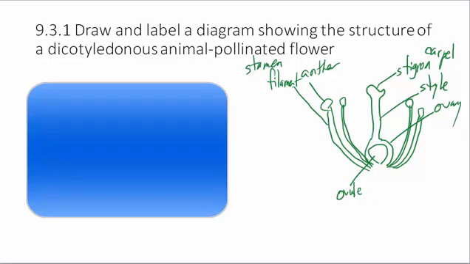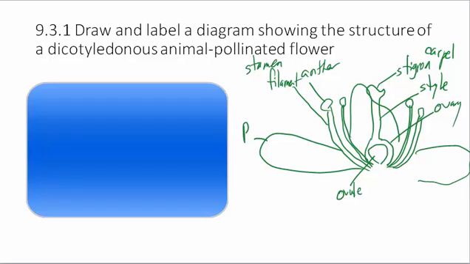And then surrounding the male and female parts of the plant are the petals, and around those are the sepals.